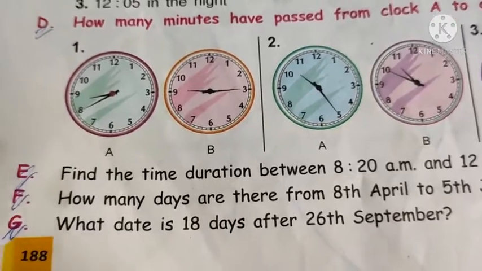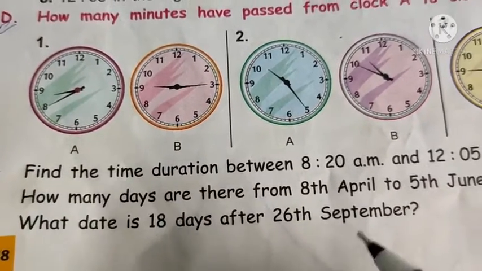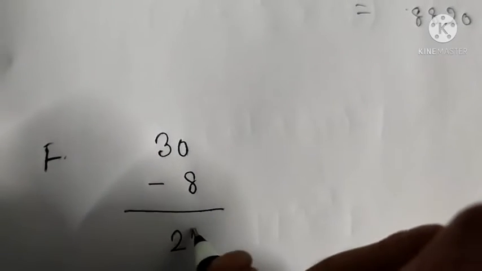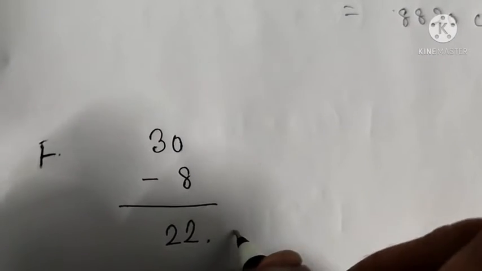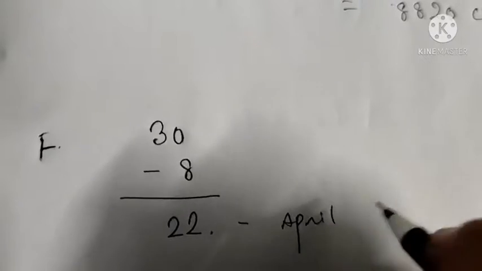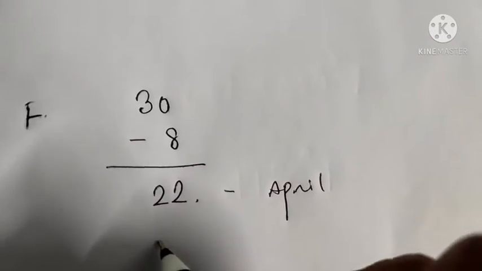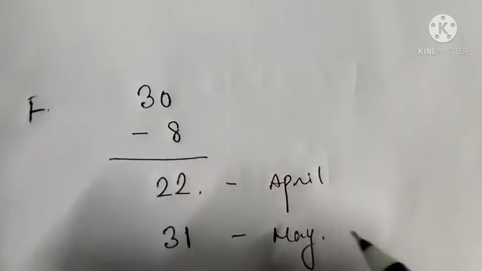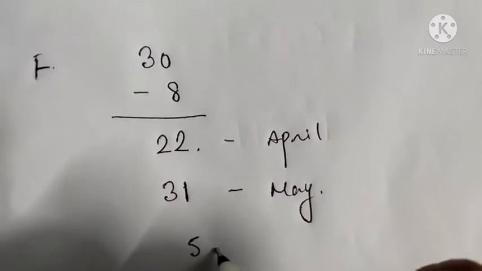Now let's do number F. How many days are there from 8th April to 5th June? As there are 30 days in April, 30 minus 8 is 22. Then May, 31 days in May. And for June we will take 5 days.